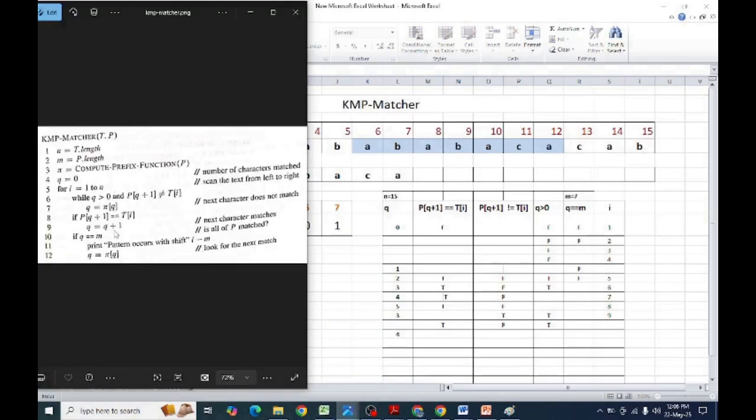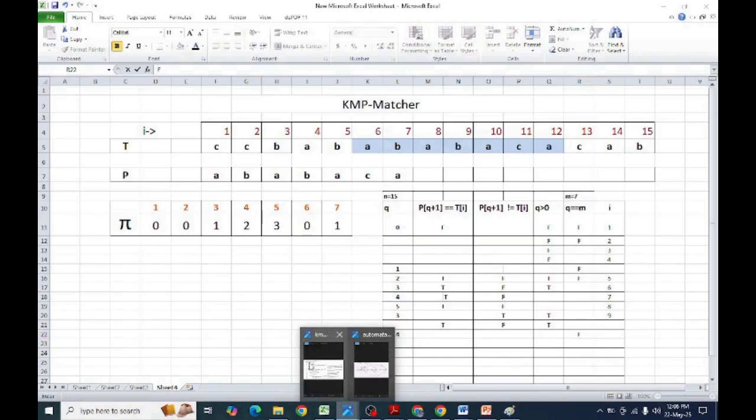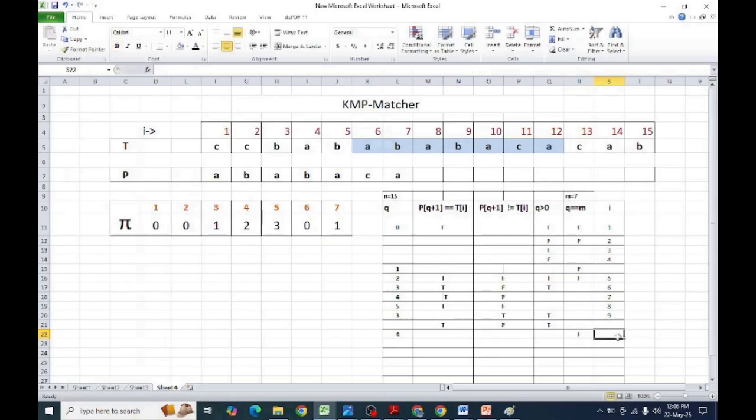Then updating this, Q is equal to M is false, more characters are there. Again I will be incremented. We will be taking the next character, I equal to 10.